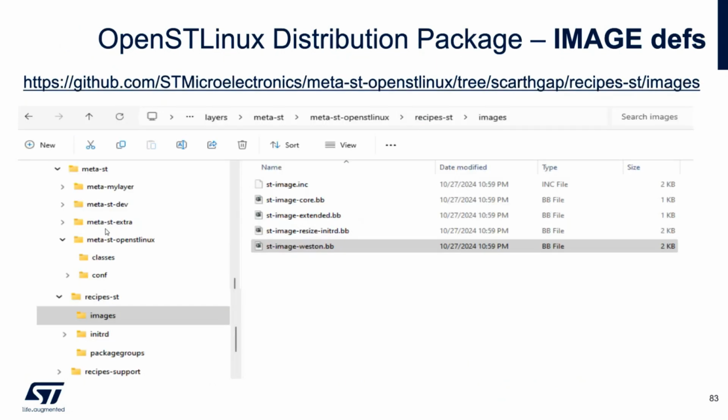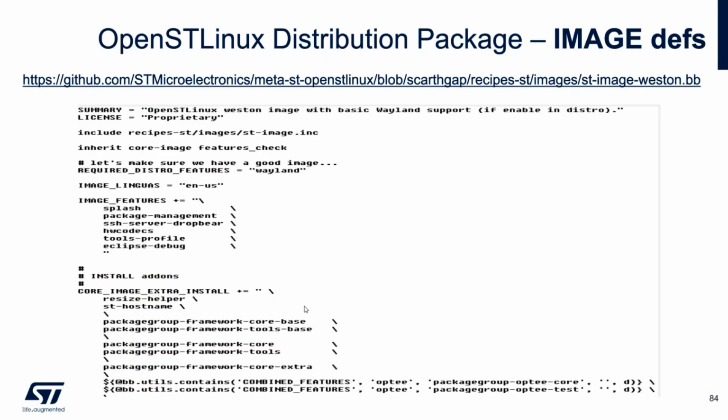The image. You can find the image definition inside meta-st, meta-st-openstlinux, recipes-st, folder image. Oh, sorry, meta-st, recipes-st, image. And inside image, you will find st-image-weston or st-image-core. What's the content? The content of an image file is just a list of applications. So the splash screen, the SSH server, the hardware codecs, debug tools, or you can pack together more than one application, a package group.